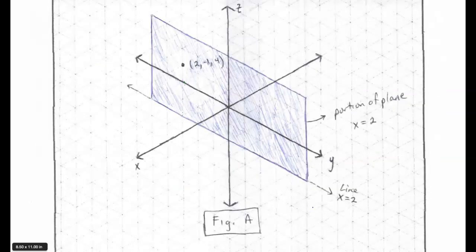So if we look at figure A that we have here, notice that I have a portion of the plane x equals 2 drawn, and I have a portion of it only because theoretically this plane extends to the left and the right forever and ever, and also extends up and down forever and ever. But I wanted to draw enough of it so that you got an idea of what it looks like, okay?